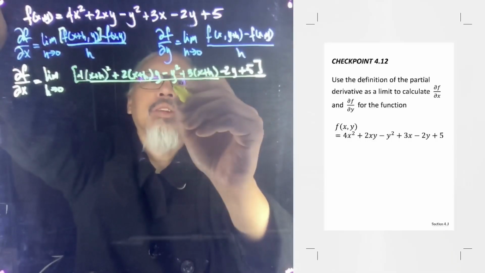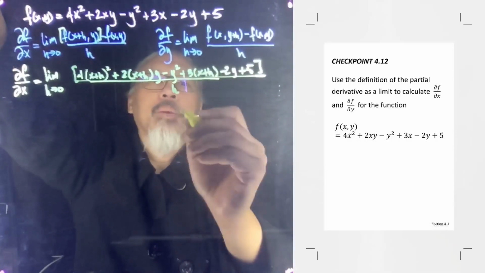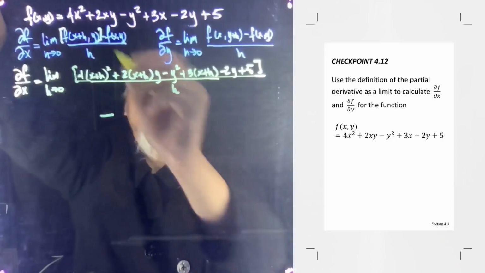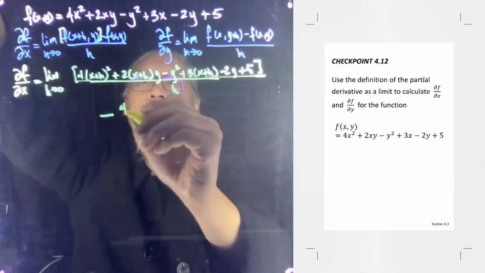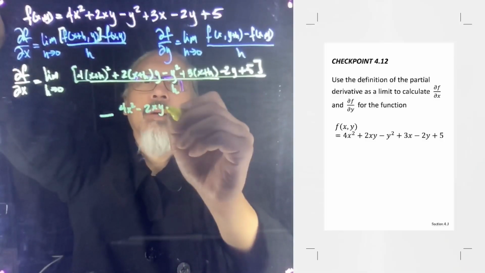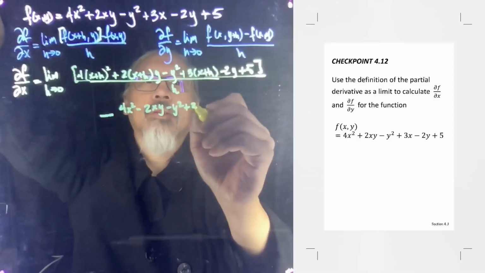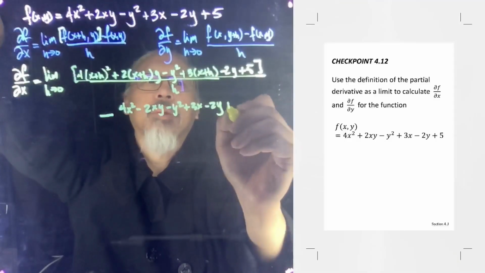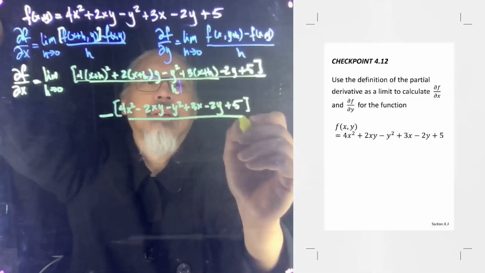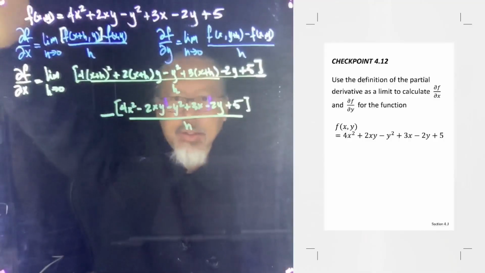This is all over h, and then I'll put the minus down here, and then it's essentially the same function, 4x squared minus 2xy minus y squared plus 3x minus 2y plus 5, and that is also over h.